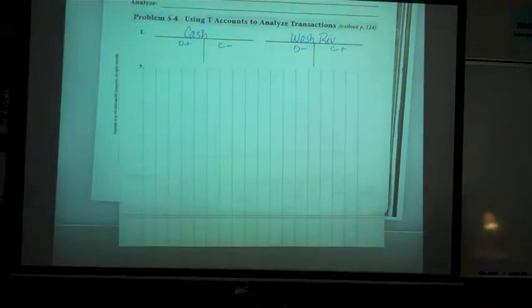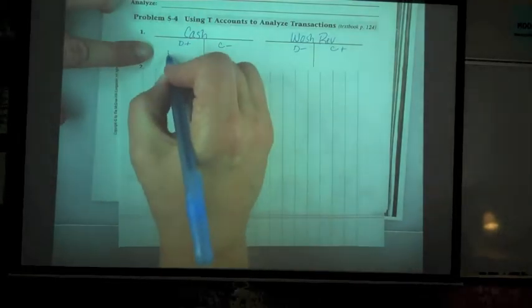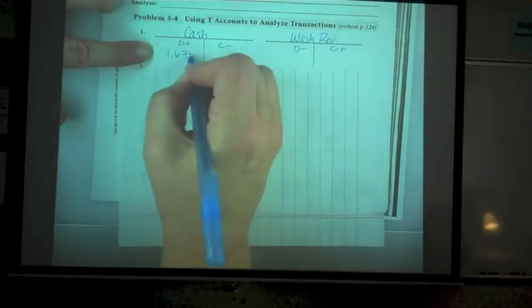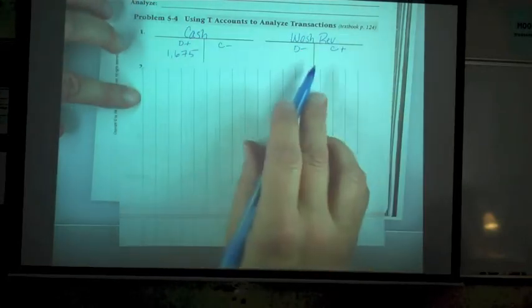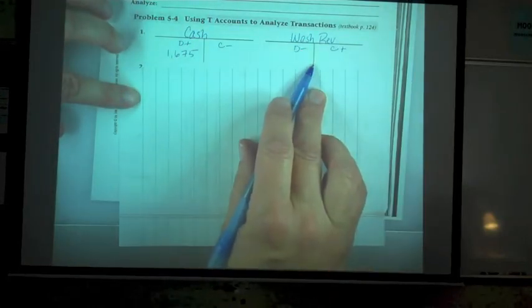It was for $1,675. We're going to increase or decrease cash. We're going to increase it by $1,675. Increase or decrease wash revenue. We're going to increase it.